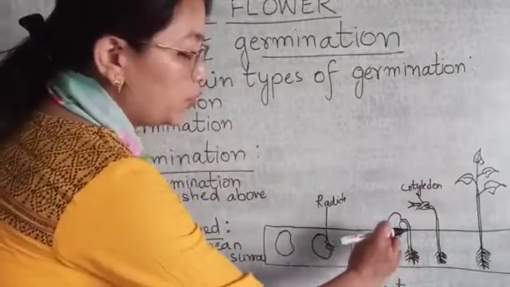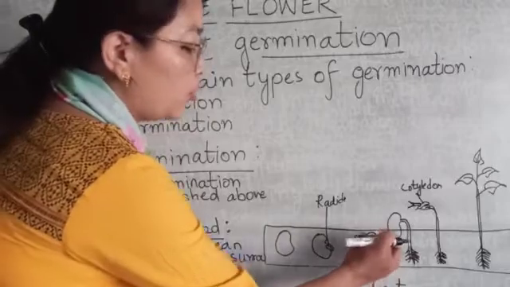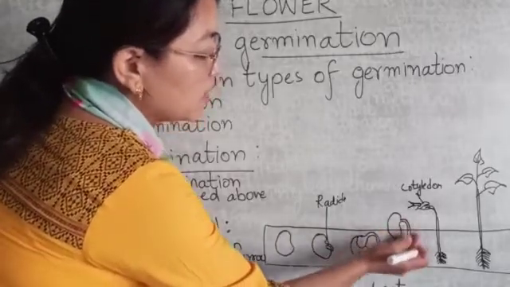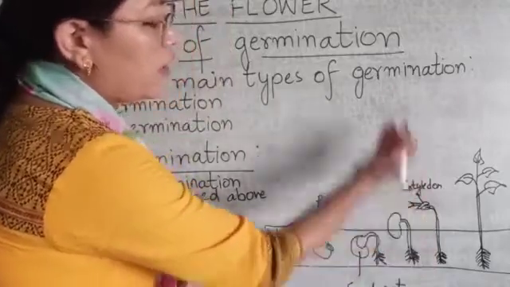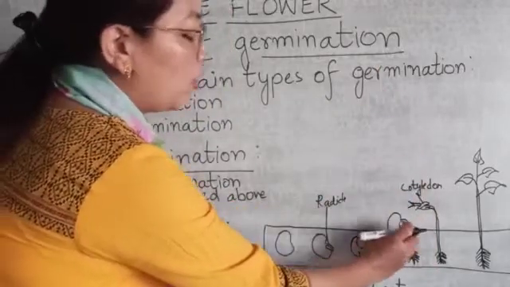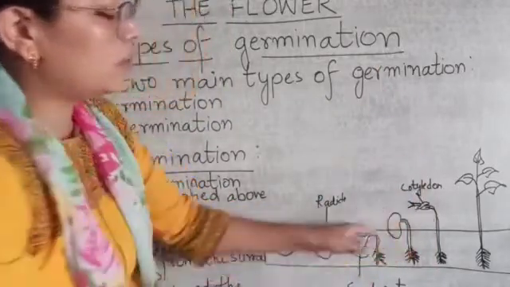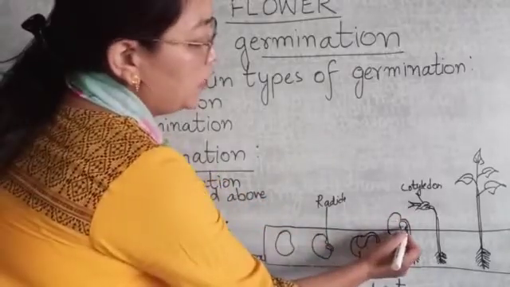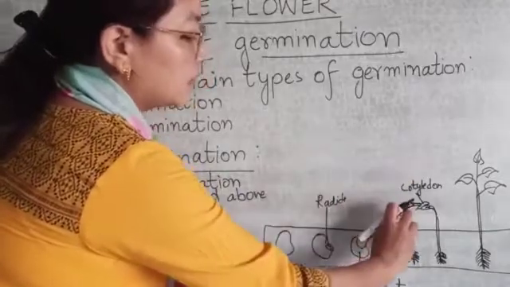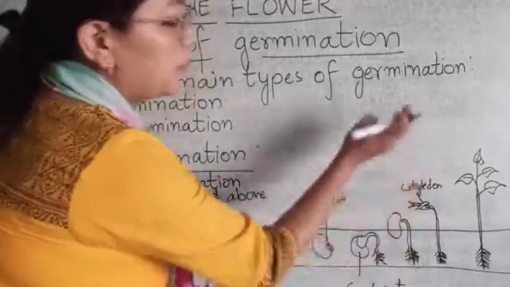Now the plumule develops into the shoot system. After the radicle, the plumule also grows, elongates, and pushes itself above the soil along with the cotyledon. This is the cotyledon and this is the plumule. When it grows, it pushes the cotyledon above the soil.